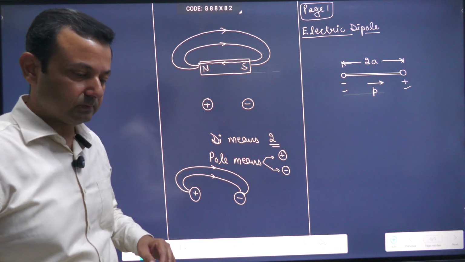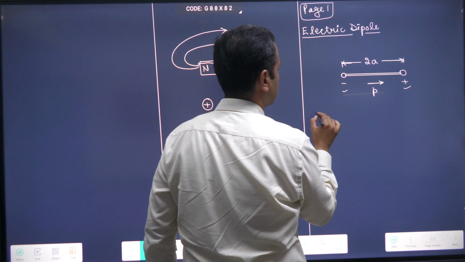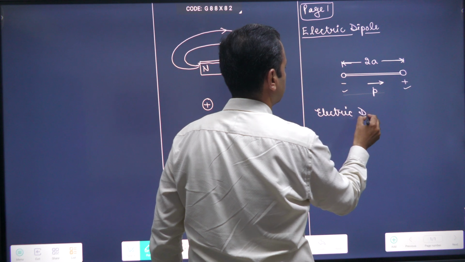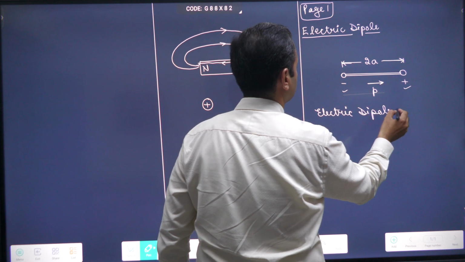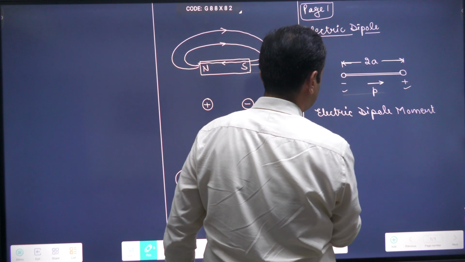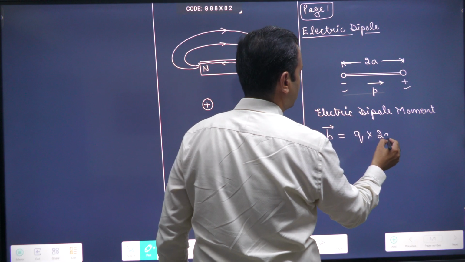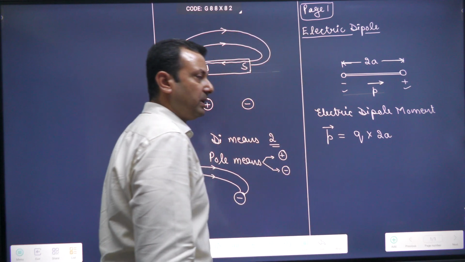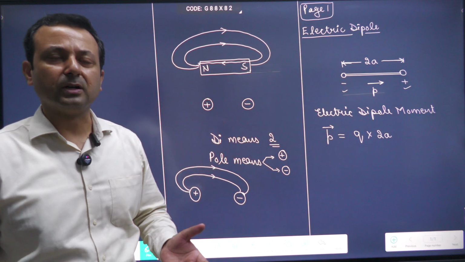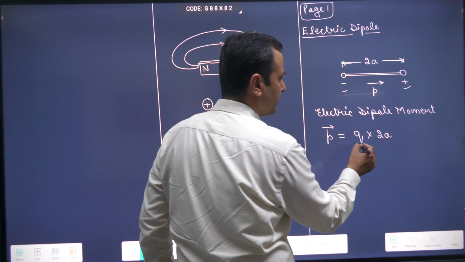This electric dipole moment is given as p vector, small p vector, and it is given as q multiplied by 2a. And the SI unit of this electric dipole moment can be very easily calculated.